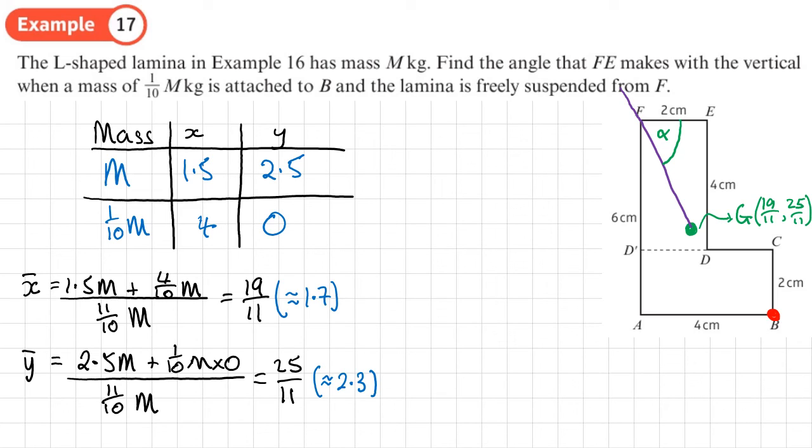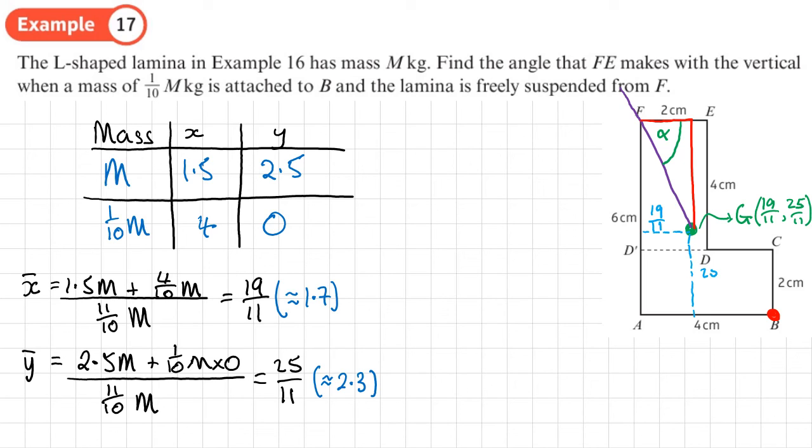Now I can draw a right angle triangle and work out the lengths of the sides that I need. So this side here is just going to be the same as this length here, which is 19 over 11. It might be useful to put some dotted lines like this to see the lengths that I've got. So that's 19 over 11.